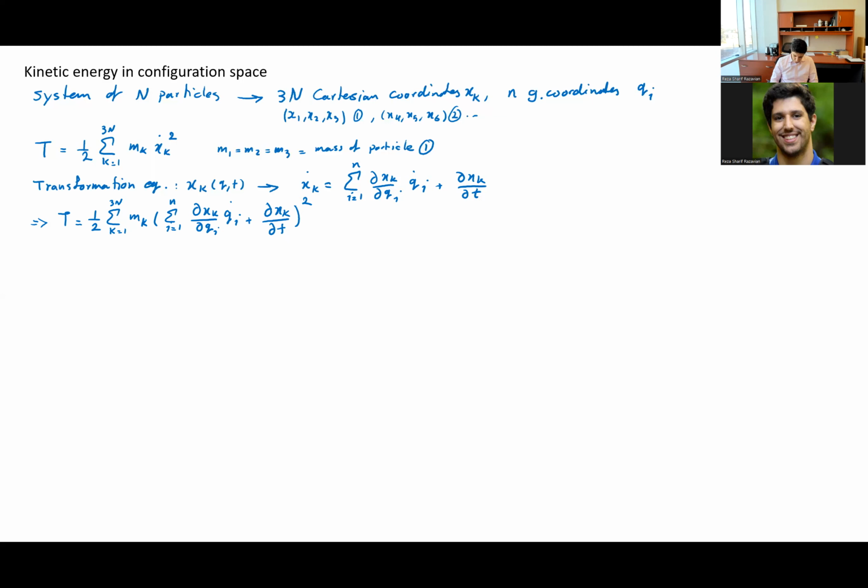So if you first do the square and then add them together and group them, it's going to look something like this. I'm just going to follow my notes so I don't miss anything.